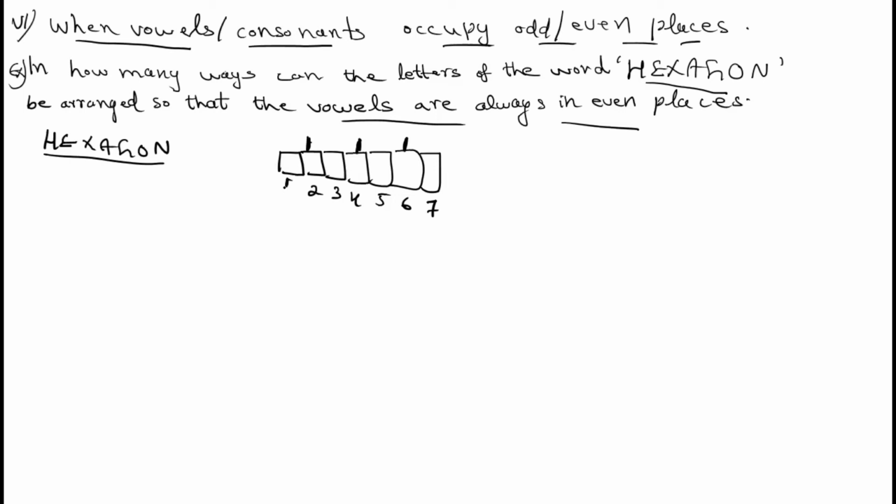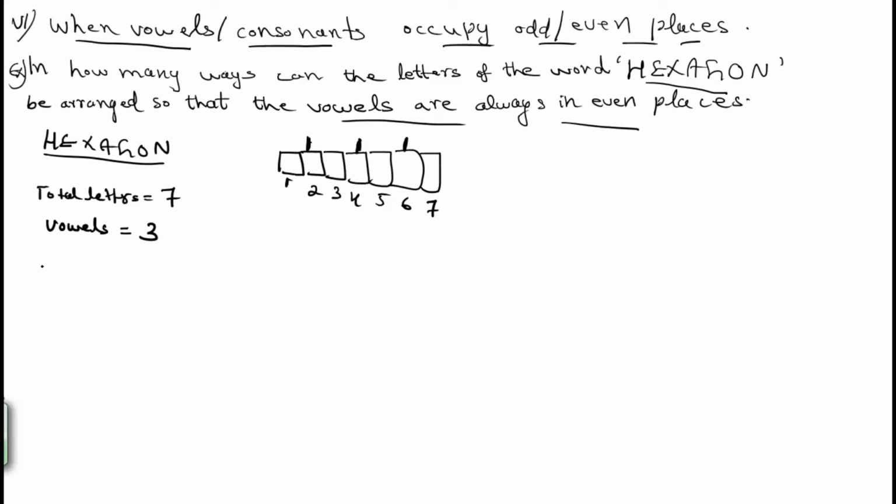Only 3 even places. In HEXAGON the total letters equal 7. Then the number of vowels, you can check: E, A, O, equal to 3. Then you need to make an arrangement of 3 letters in these 3 places only.